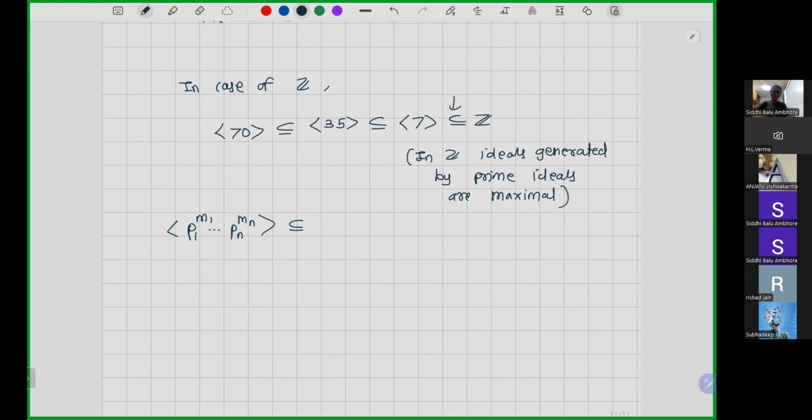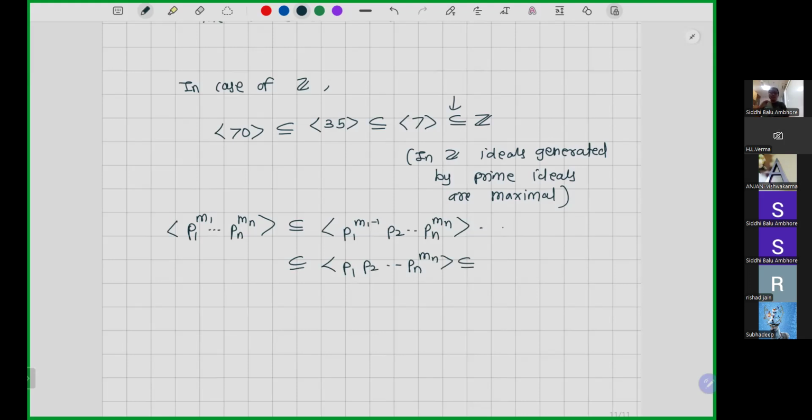For example, you can take P1 power m1 minus 1, P2, up to Pn power mn. Am I right here? Yes, I guess. You just reduce everything, and exactly, the chain should be finite.